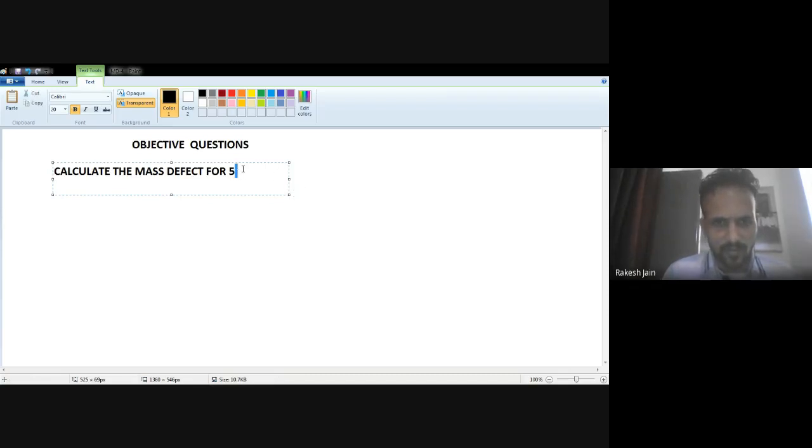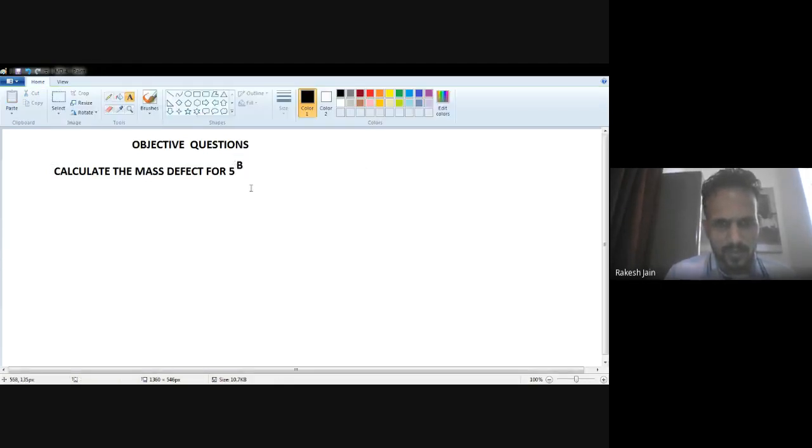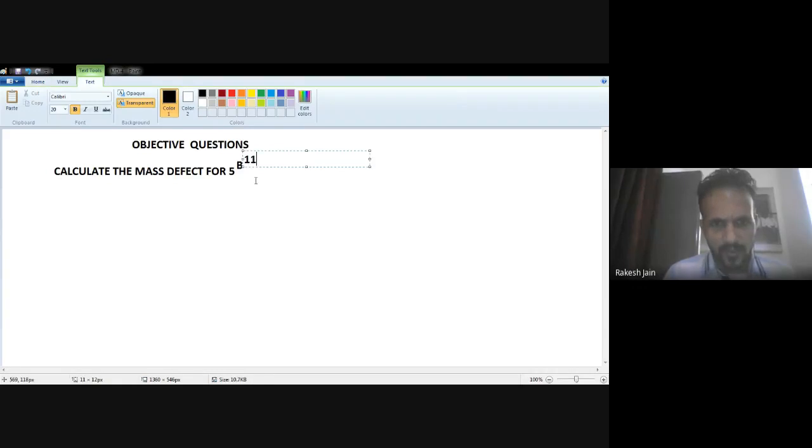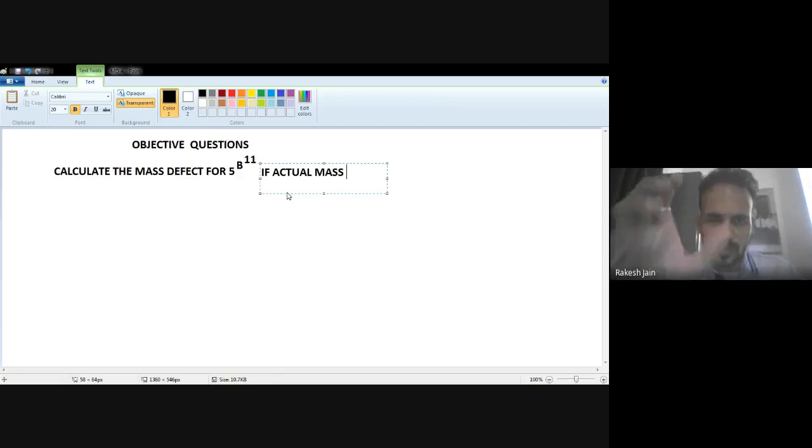5B. If the actual mass is what is present on Google, which I want to show you on this question, but that cannot be copied by me. It is not given that you should copy that, so I just type that.